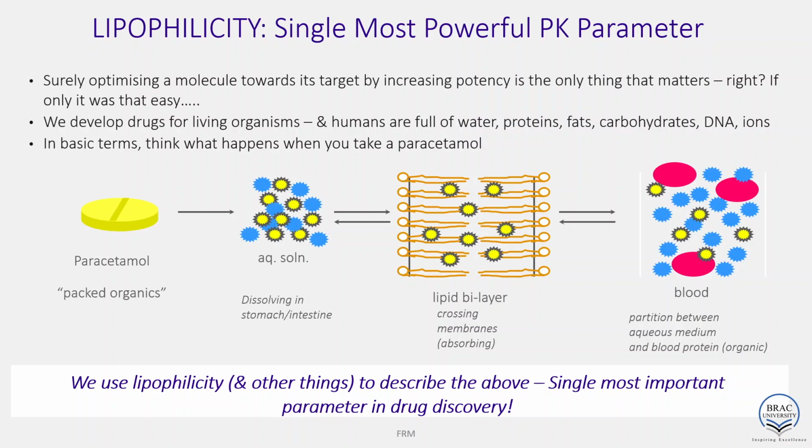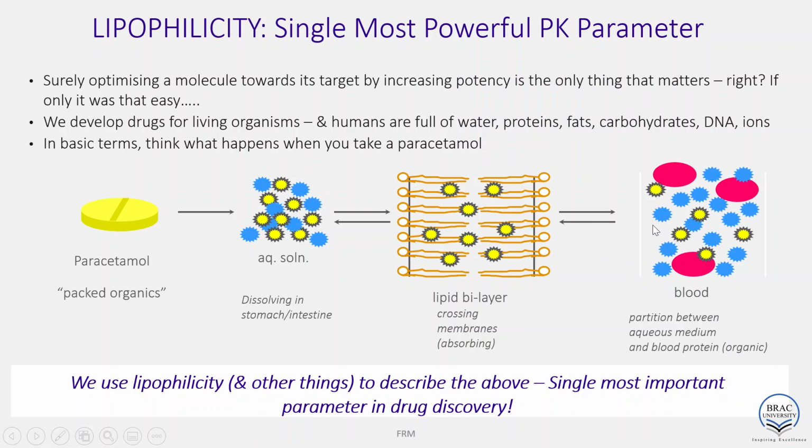So what happens if we take a drug? Suppose we ingested a paracetamol tablet by the oral route. In the GI tract there is an aqueous phase. The tablet dissolves, undergoes dissolution, and then from the GI tract the drug crosses the bilayer or the cell membrane and finally reaches the plasma.